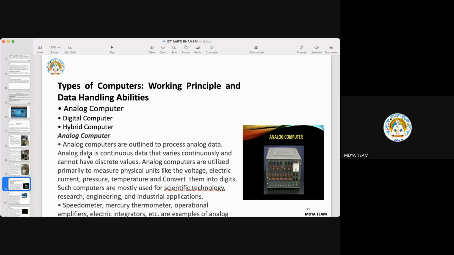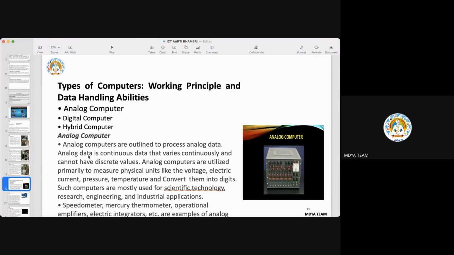They are utilized primarily to measure physical quantities like voltage, current, and pressure, whether atmospheric pressure or pressure in a room, a unit, an apparatus or any equipment.